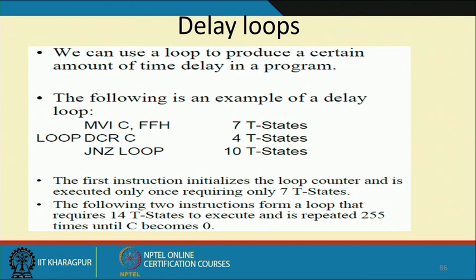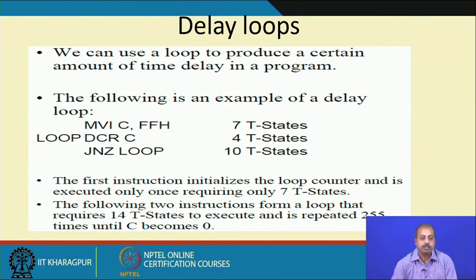As I said, this is necessary many times, particularly when you are doing a display meant for human beings. Our eyes will not be able to locate the changes if the display changes very fast, so I have to keep the display for some time. These delay loops are used for that purpose.